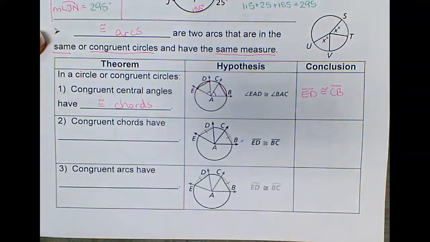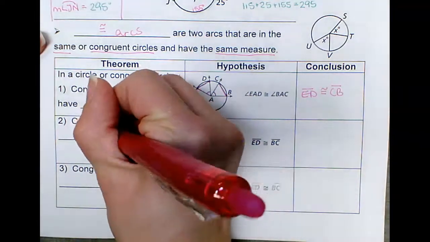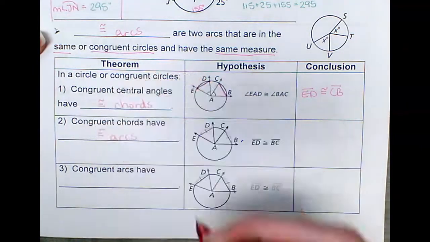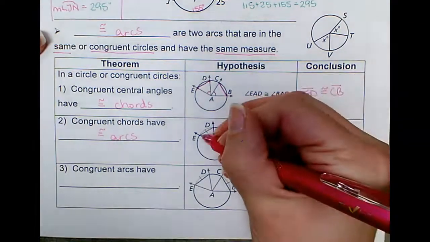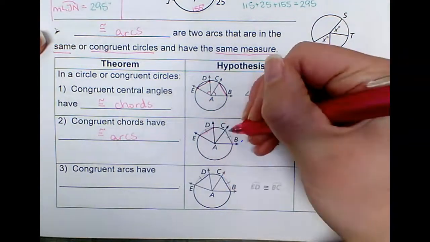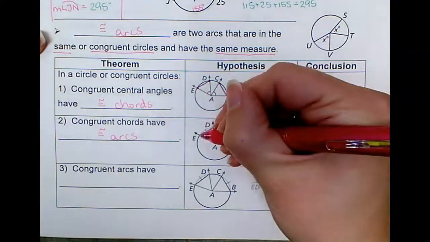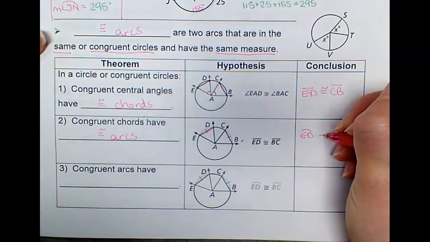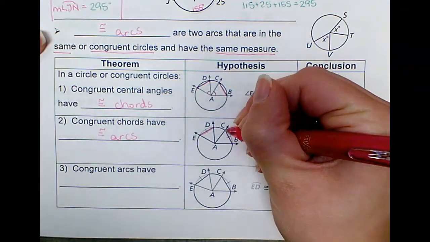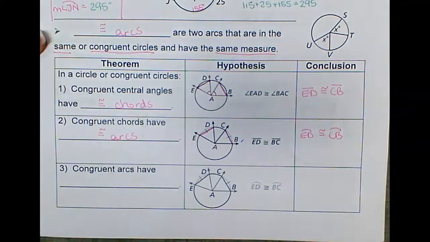The next theorem states that congruent chords have congruent arcs. So if I have two chords that are congruent, ED and CB, what that results in is arc ED being congruent to arc CB. So the arcs that those chords create must also be congruent.